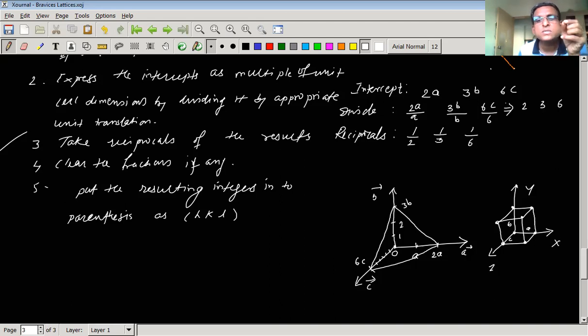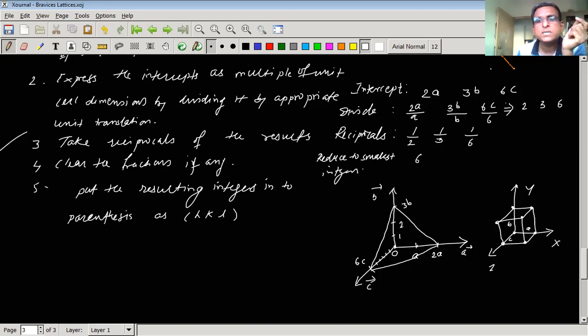So we have to reduce these fractions to the smallest integers. The reduction can be done by multiplying each of the reciprocals by 6, because 6 is the larger number involved. So we can multiply each by 6.